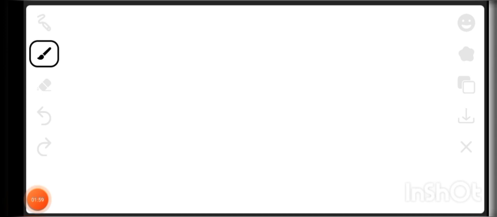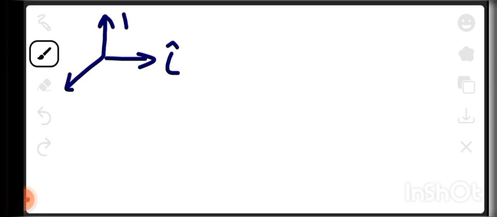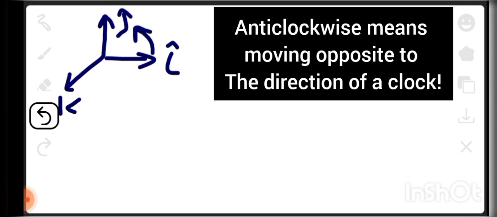Now, to get a cross product of different unit vectors, we use this model, which is the diagram for a vector in space. So put I here, J here, and K here. The next thing, we'll move in the anti-clockwise direction to see what we are going to have.